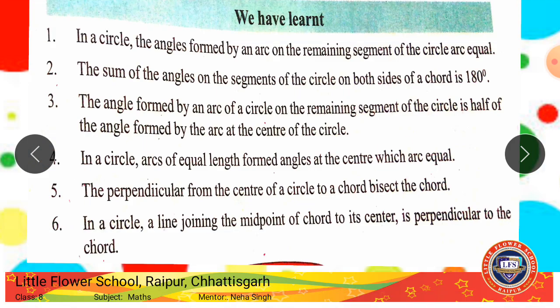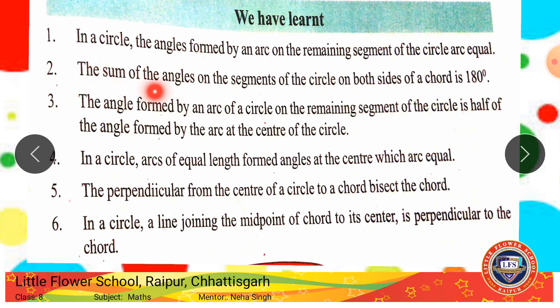In a circle, the angles formed by the arc on the remaining segment of the circle are equal, right? When we are talking about the angles formed on any of the segments of the circle, they will be equal.